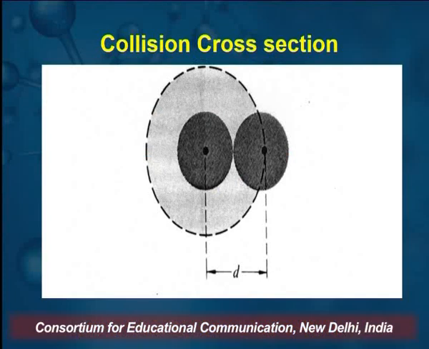Two molecules are shown in brown. They are approaching each other. The distance between the two centers is given by d. d is equal to 2r, and the dotted circle is referred to as the sphere of exclusion, as you will just see.